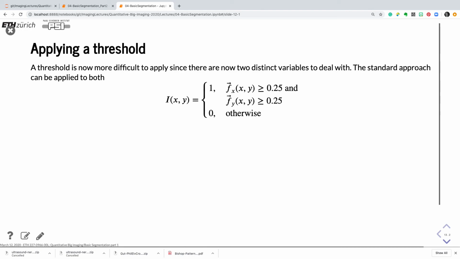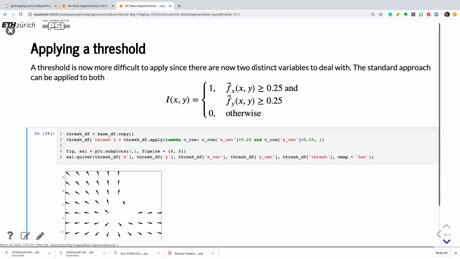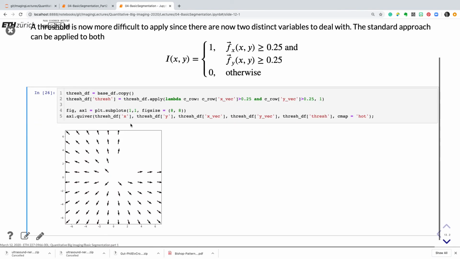One would be just very simple. We say that if the vector in direction x is thresholded at 0.25 and also the one in y thresholded at 0.25, we would get something like this. So only a corner of the data would be extracted.